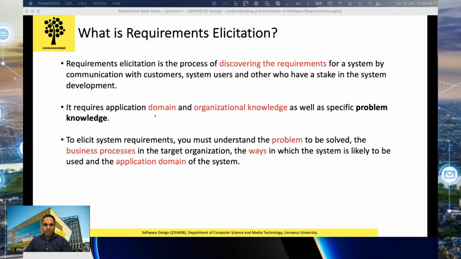So to elicit the requirements or system requirements, basically you need to understand the problem. You need to understand the business process in the target organization, and also the application domain.